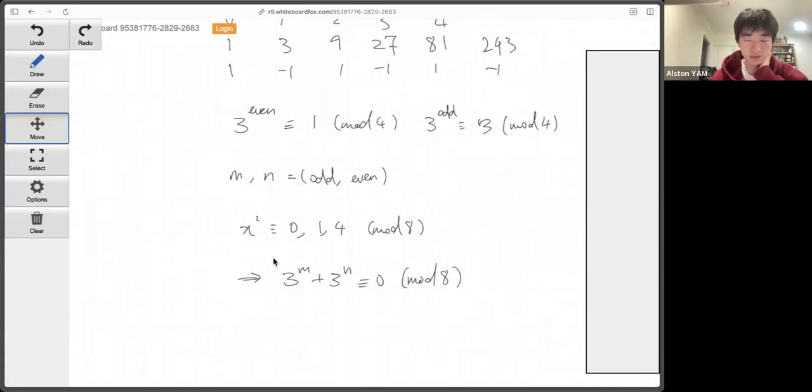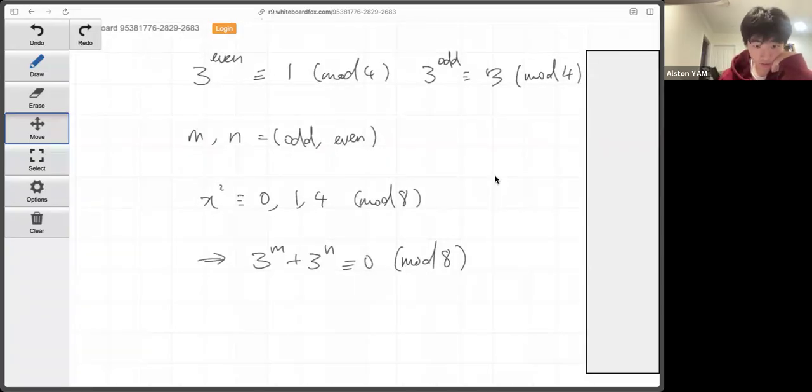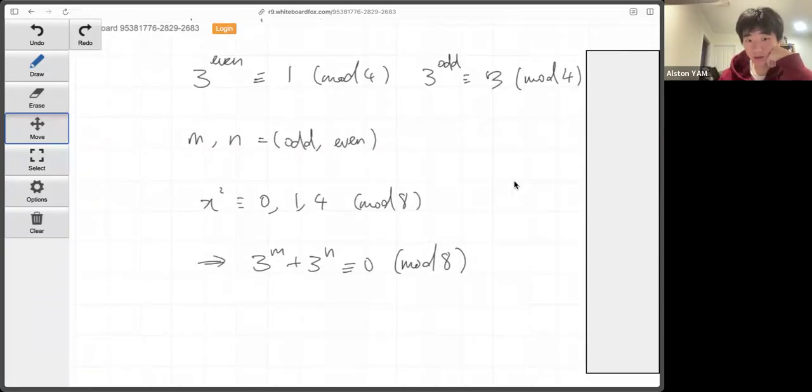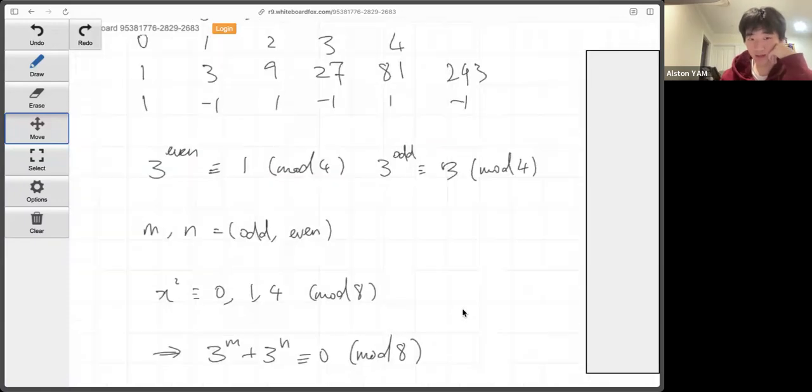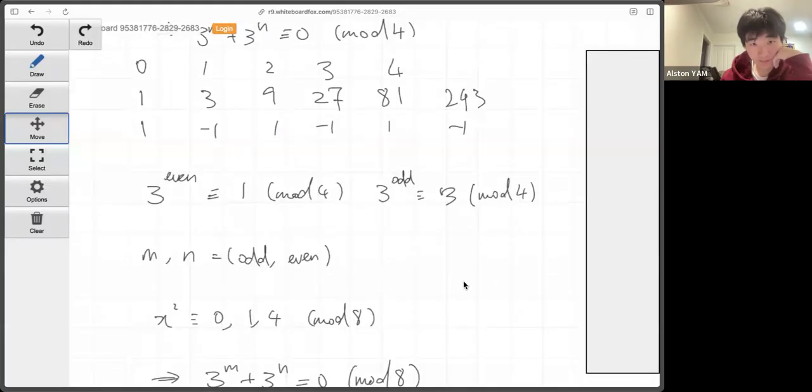Okay, so 3 to the m plus 3 to the n is actually congruent to 0 mod 8. But here's where the contradiction comes in. Okay, we can do the same analysis of the powers of threes, but we look at them on the mod 8.